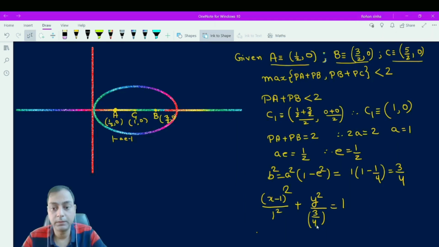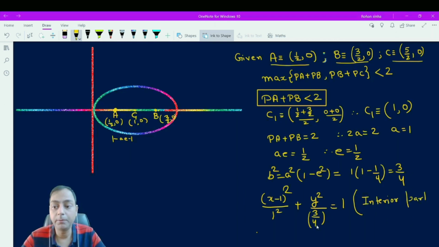Now in this case PA + PB is less than 2 is given, so this represents the interior part of the ellipse, as shown in the figure. Now PB + PC is also given less than 2. Let us apply that concept also.